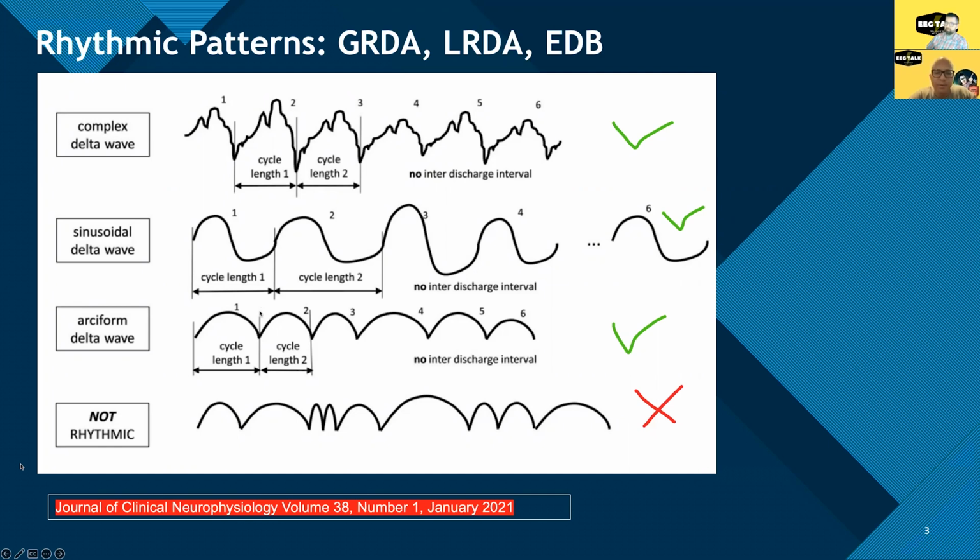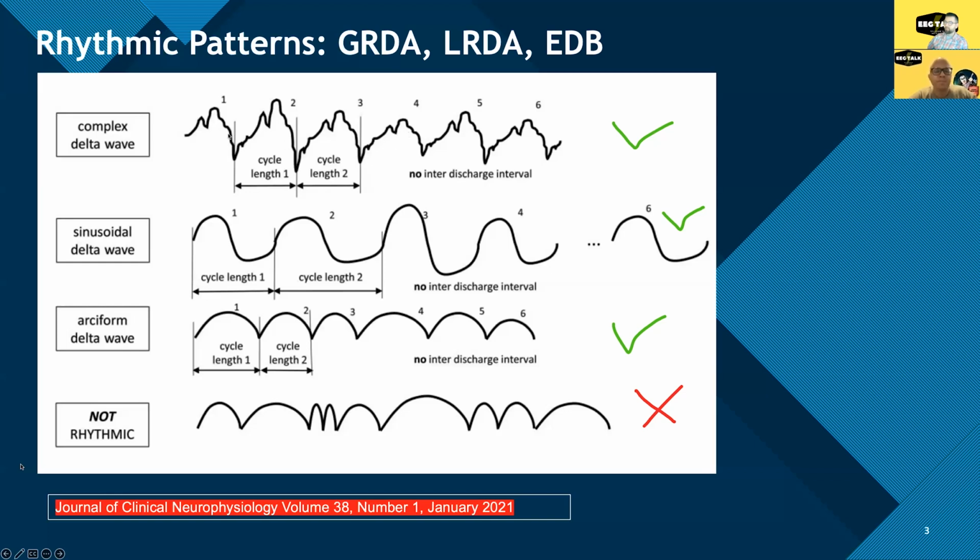Right. So to start, they're slow. They're delta waves, from 0.5 to 4 hertz, as we learned. And they are pretty similar one to the other, and they come back to back without an intervening background.